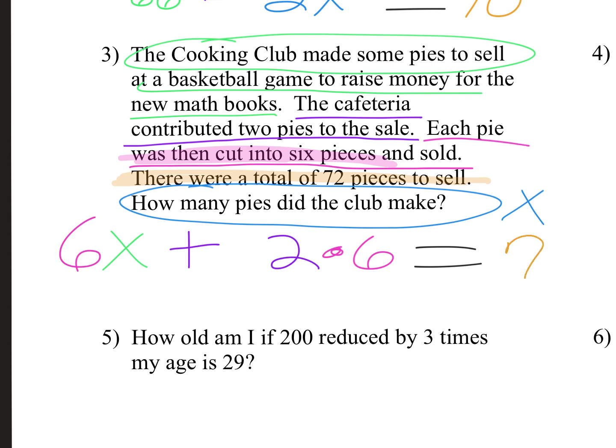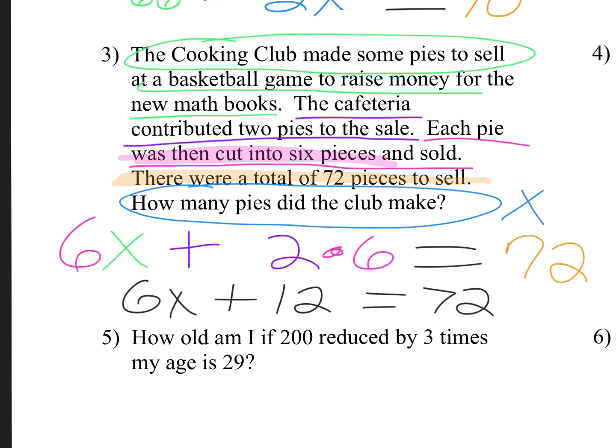So that's where we ended up, with 72 pieces. So you've got the original ones that the cooking club made. They were cut into 6 pieces. That's why we had to turn it into 6 times x. The cafeteria made their own 2. So the final equation will be 6x plus 12, and all of those pieces equal 72.